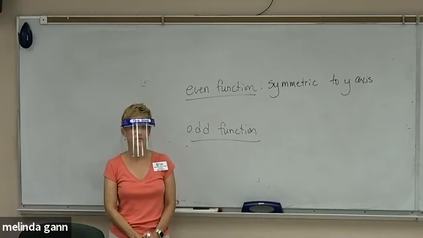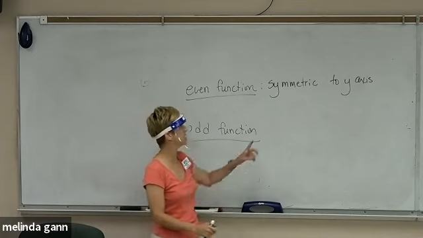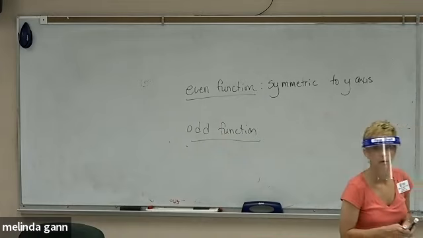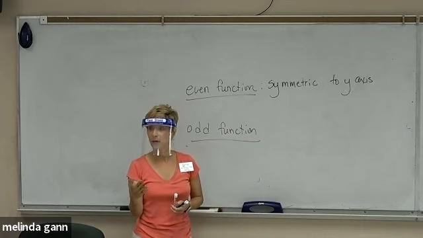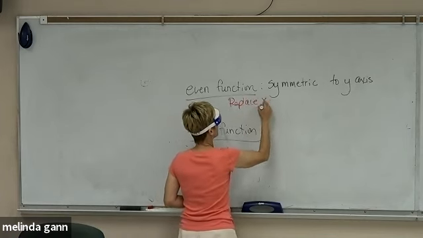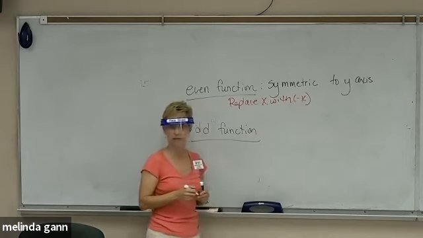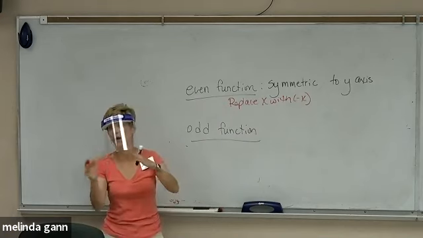And we already went over symmetry. So remind me, how do you see if something's symmetric to the y-axis? What do I do? Replace what? Somebody said replace X with a negative X. If I get the same thing, then I have symmetry. If I don't get the same thing, what?